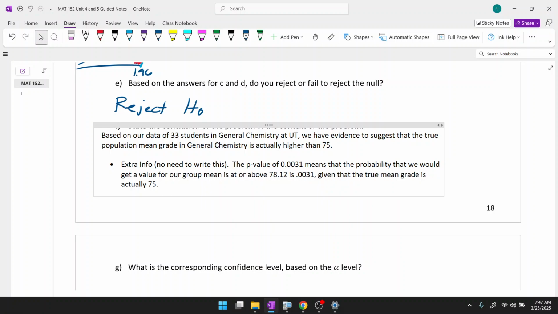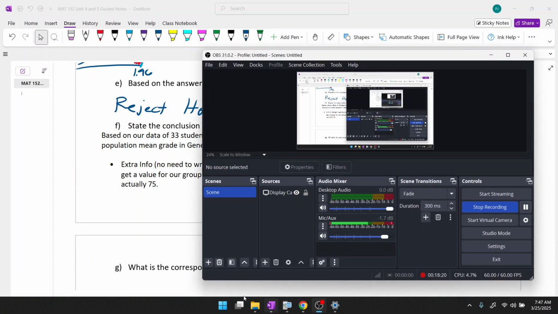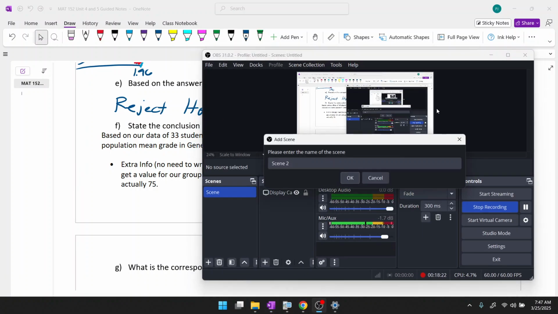This is probably not as grammatically nice as it could be, as Weird Al might call this, probably a word crime. But you don't need to write this, that's what the p-value of 0.0031 is actually going to mean.